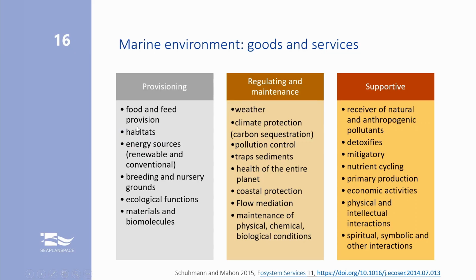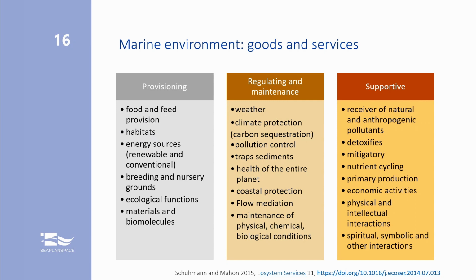Provisioning goods and services include, for example, food and feed, and also various habitats, an enormous amount of habitats globally, which are also home for an enormous amount of marine species. Also, the marine environment offers various energy sources. First of all, the conventional ones, with our oil and gas resources, for example, and the other one is renewable energy resources.